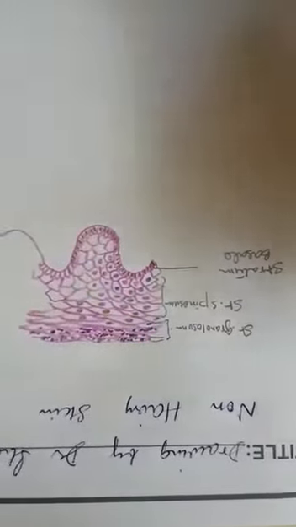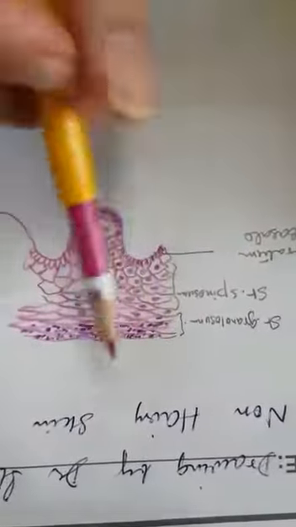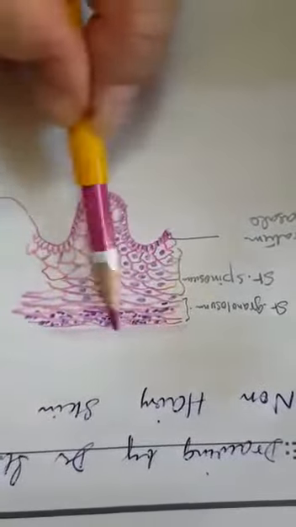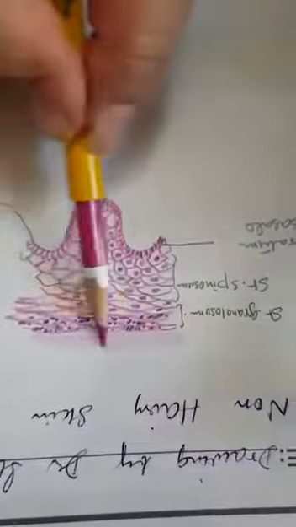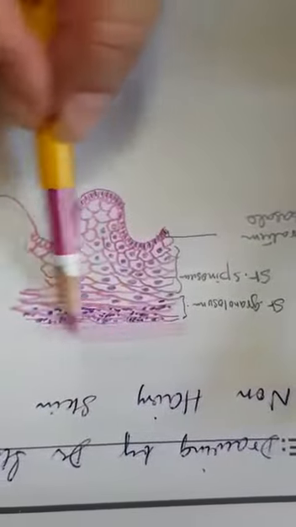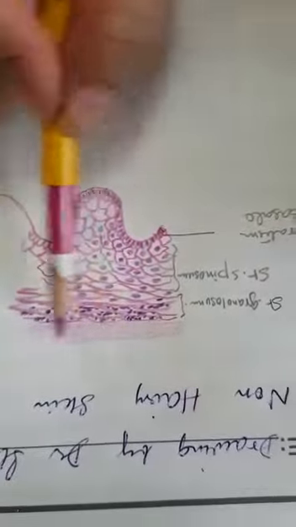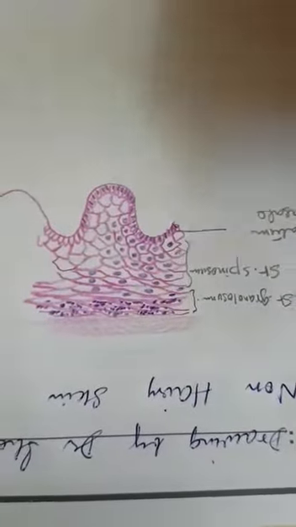Above this layer there is a layer of transparent layers which have flat cells but they are not apparent.